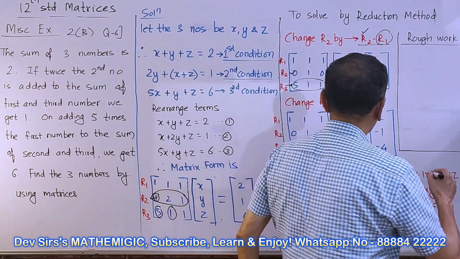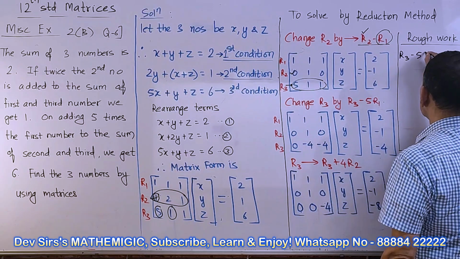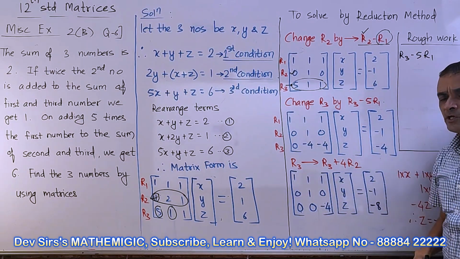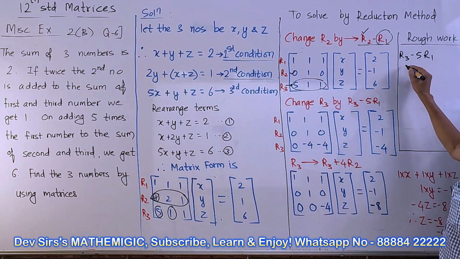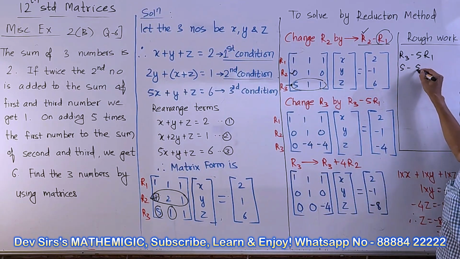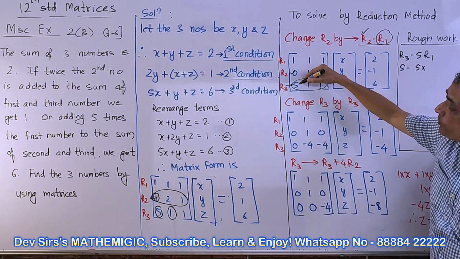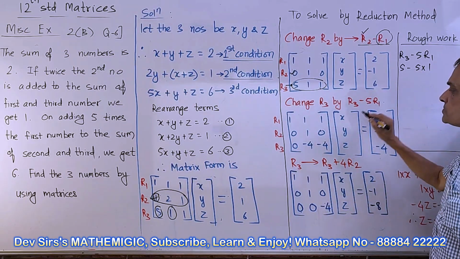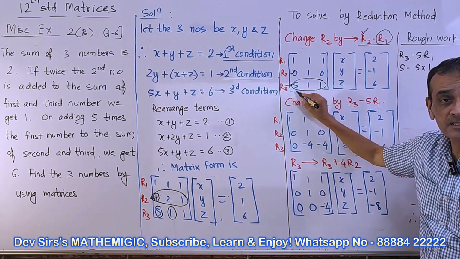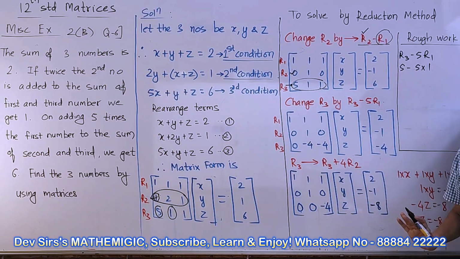R3 minus 5 R1, देखो, this is the main operation. Start करें. R3 is 5 minus 5 into R1 डायरेक्ट. R3 के ऊपर एकदम R1 है, 1. 5 minus 5 gives me 0 here. I'm changing this R3. Okay, clear?